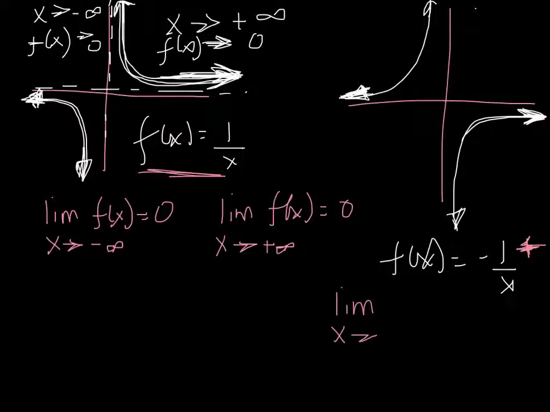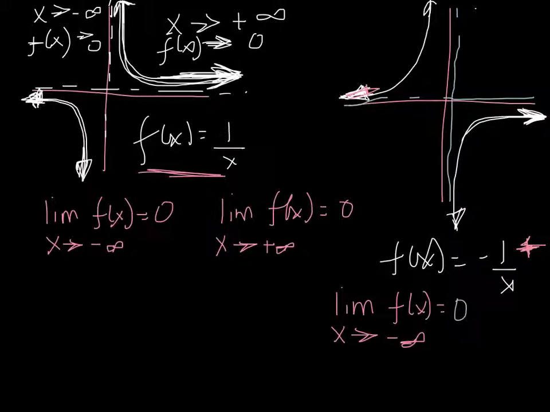As x's get smaller, as I go to the left portion of my graph, my x's get smaller and smaller and smaller, my y values are approaching its horizontal asymptote, which again, this has a horizontal and a vertical asymptote. So that's if its x's are getting smaller, and lo and behold, the other thing is going to hold true, if my x's get bigger, I'm going to run out of room again. Sorry, guys.